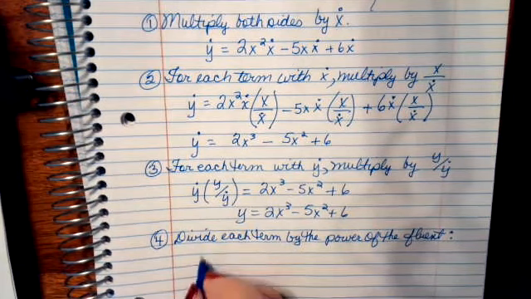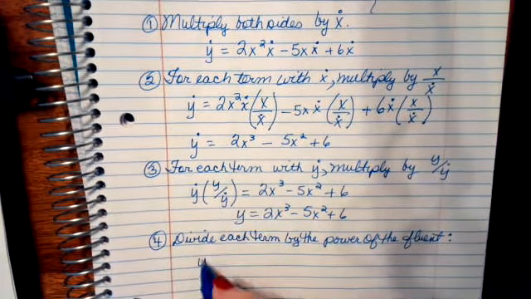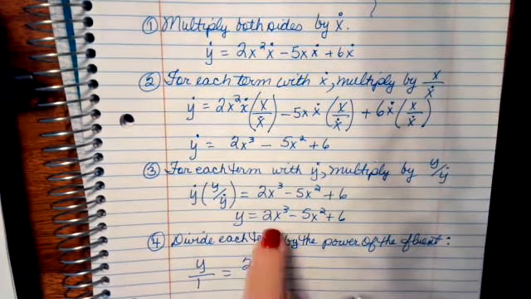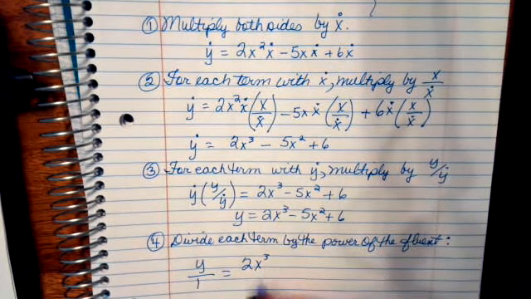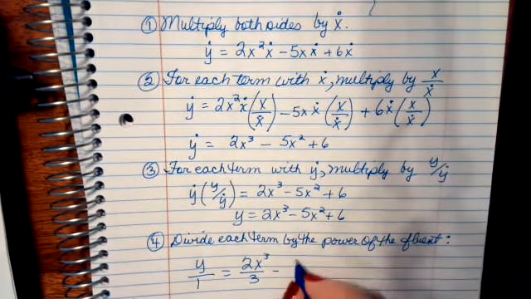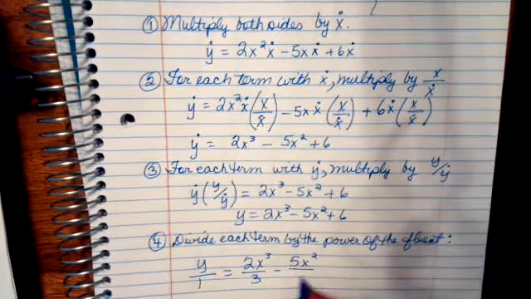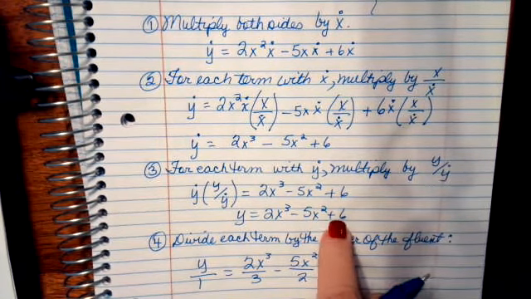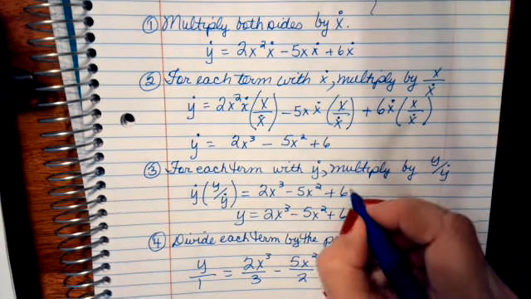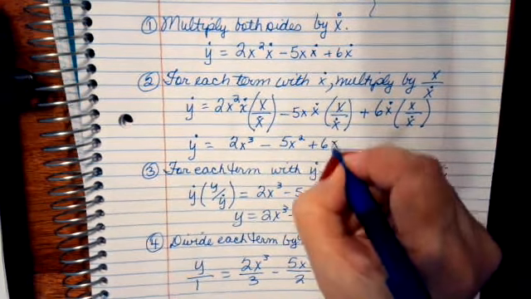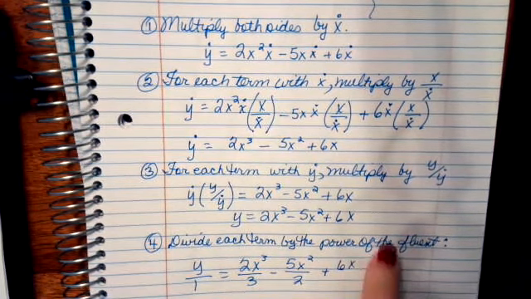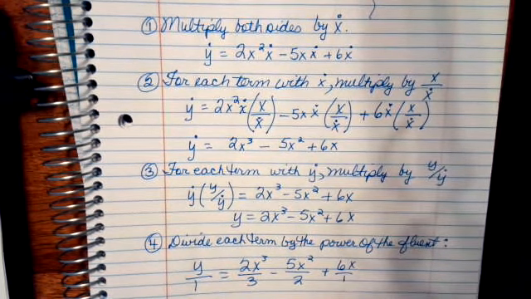So that's going to be y, that's y to the first power, so y over 1 equals 2x to the third. X is the fluent, so x to the third over 3. X is a fluent, so 5x squared over 2 plus 6x, I left off the x here, plus 6x to the first power divided by 1.